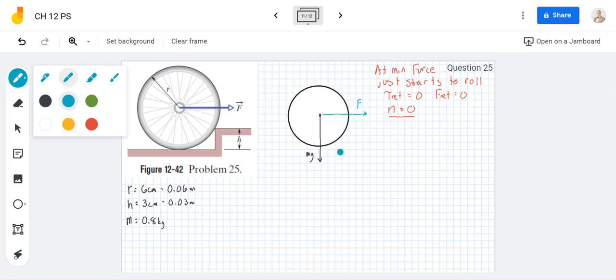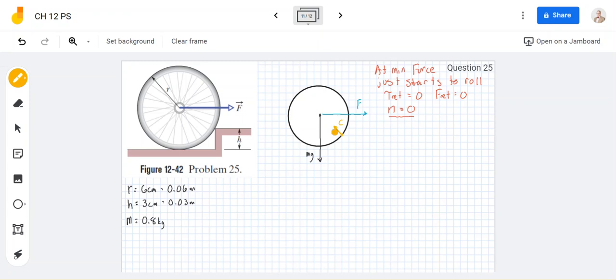And I still have my corner force, pushing this way. And so I have these.